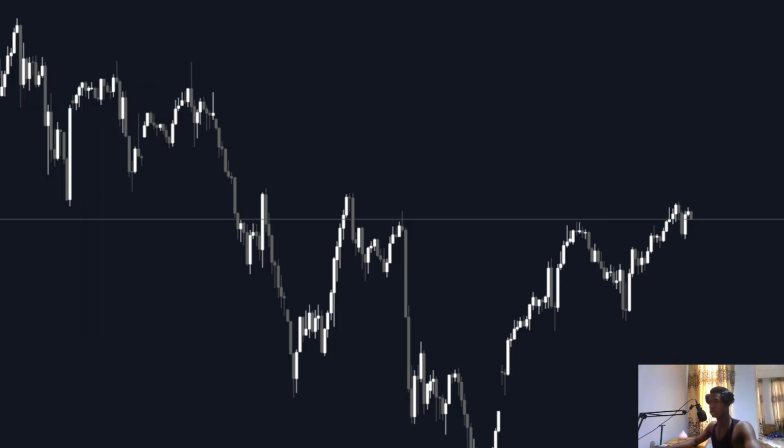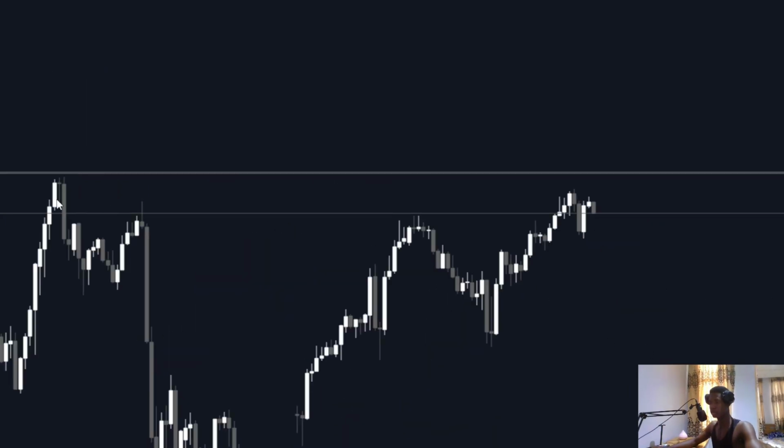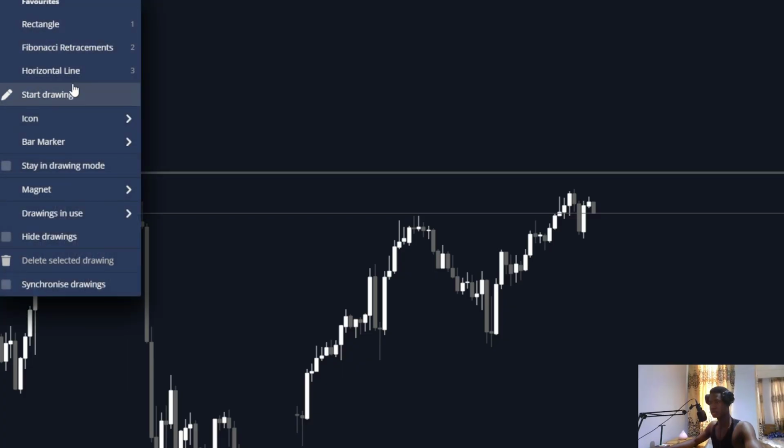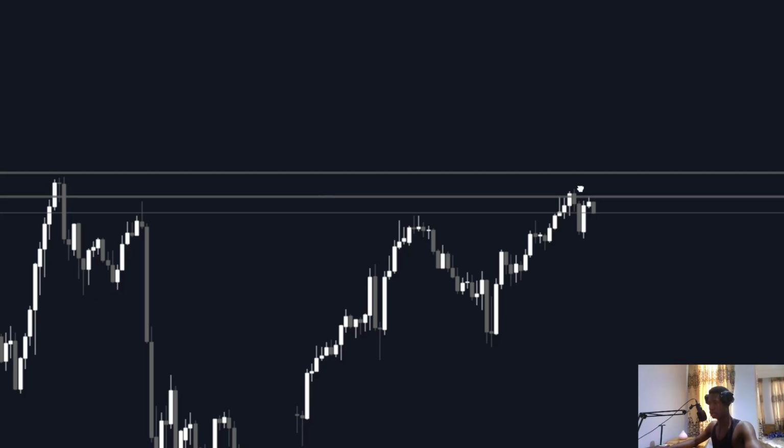So I'll use the horizontal line today. We have a level here. See, we also do have a level here.